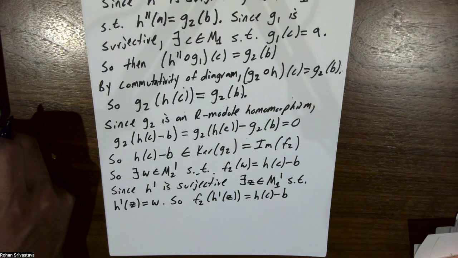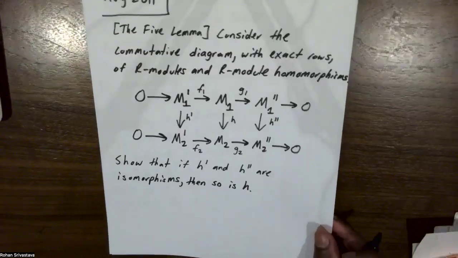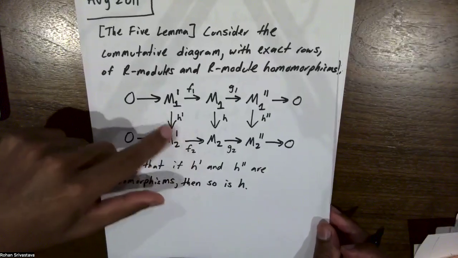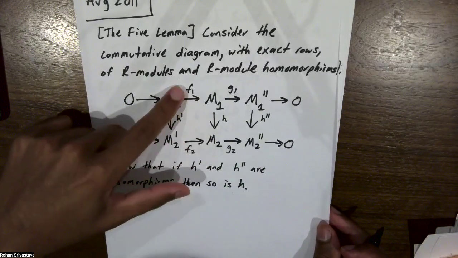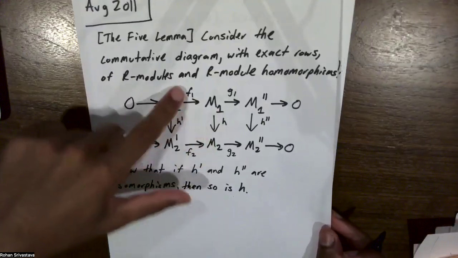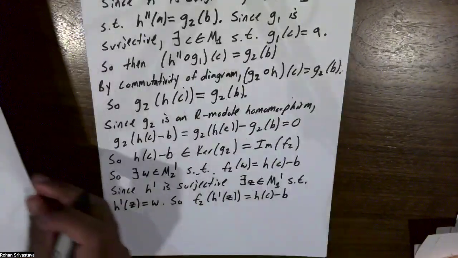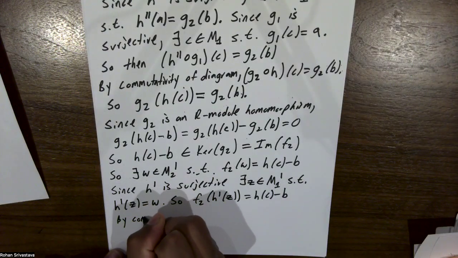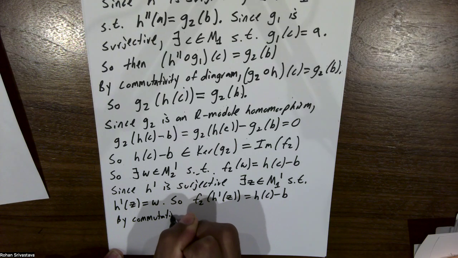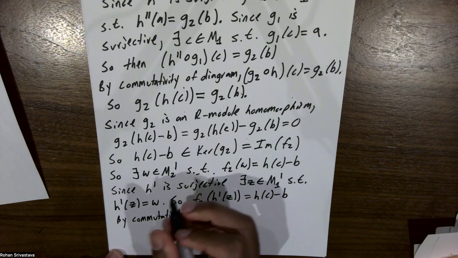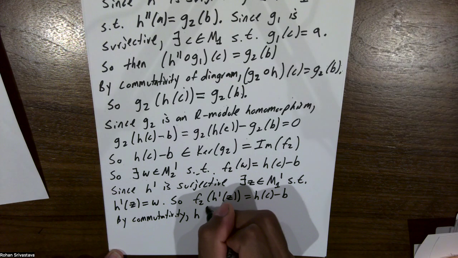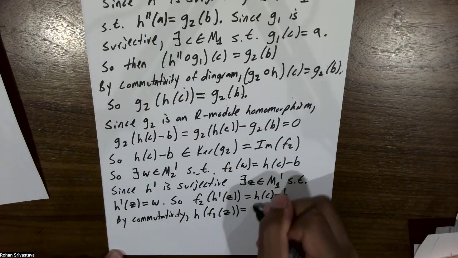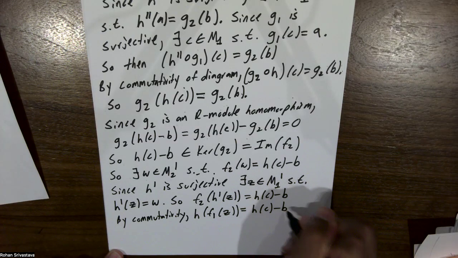F2 composed with H prime is the same as H composed with F1, right? Going this way is the same as going this way. So by commutativity, H of F1 of Z is also equal to H of C minus B.